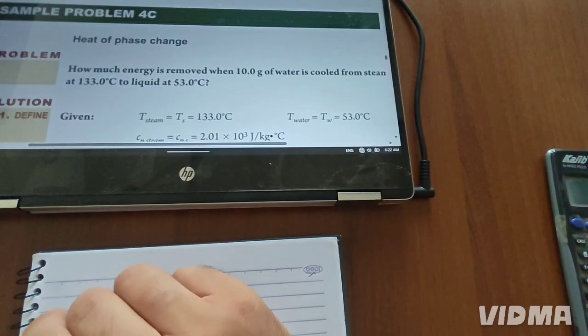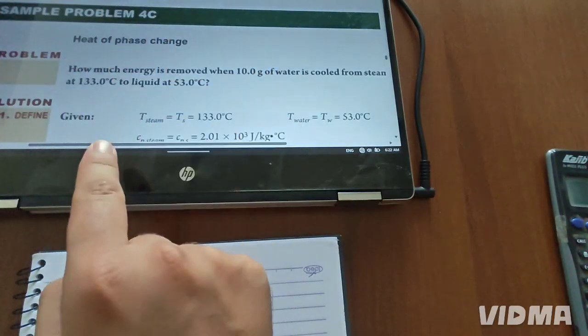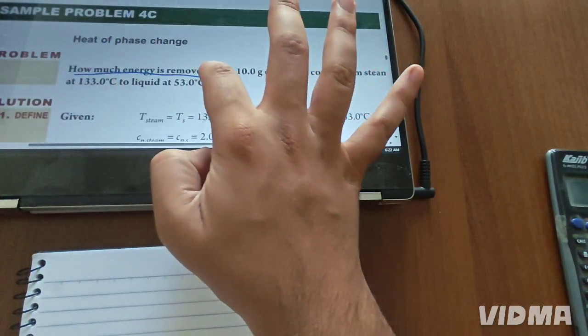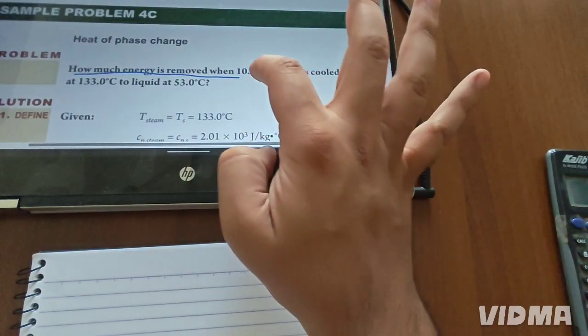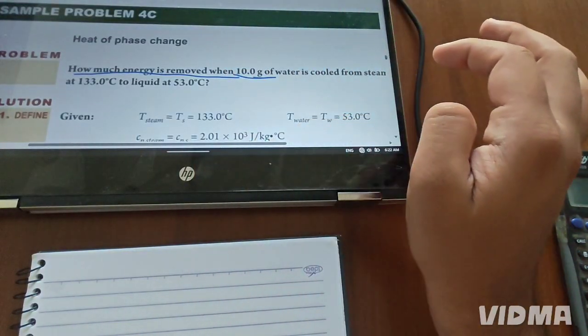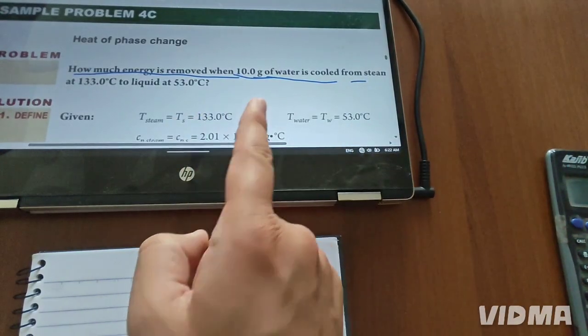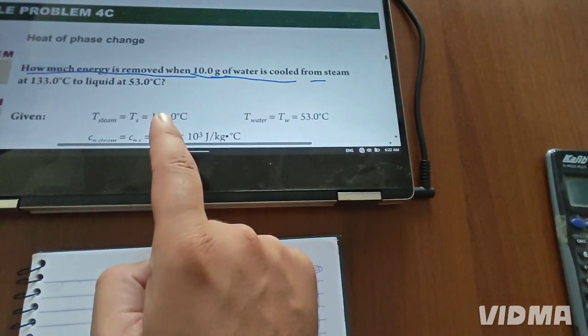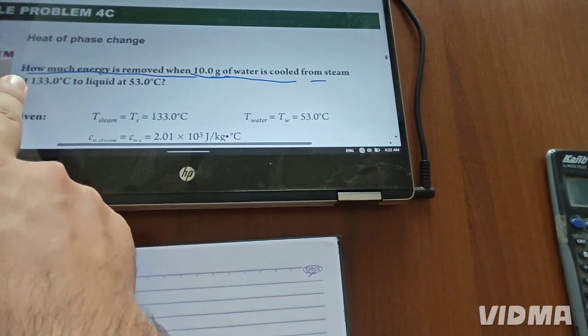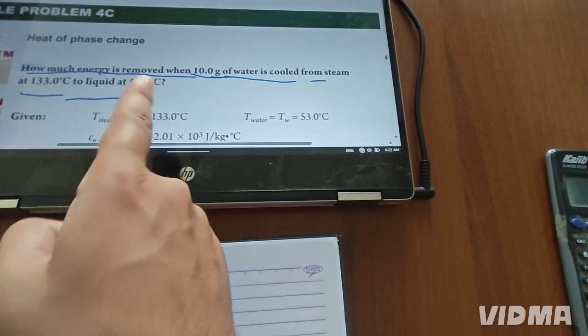Question 1: how much energy is removed when 10 gram of water is cooled from steam at 133 to liquid at 53 Celsius?